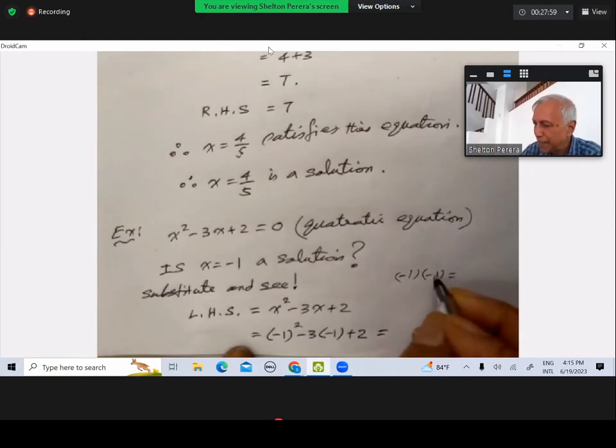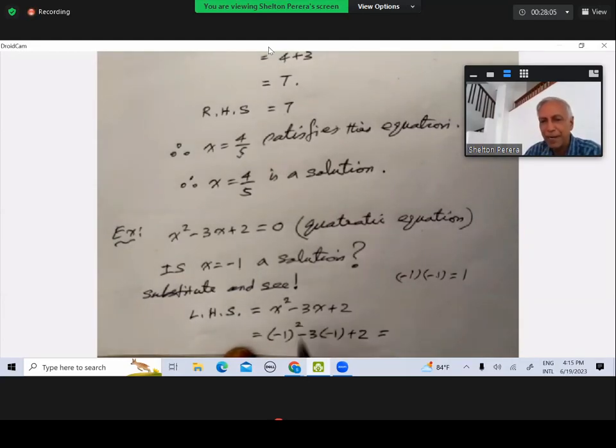Minus 1 times minus 1: negative times negative is positive, 1 times 1 is 1. So that is plus 1. That is minus 1 squared. Plus 1 here. Minus 3 times minus 1: there is a multiplication sign there, this is 3 times x. So that becomes plus 3, plus 2.